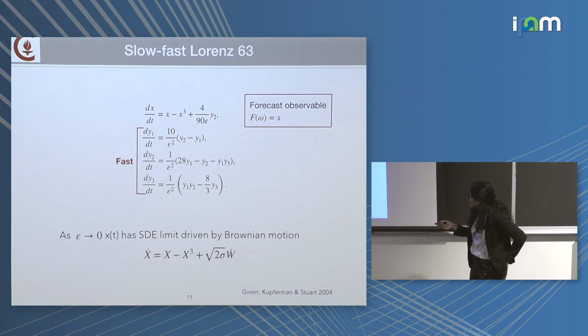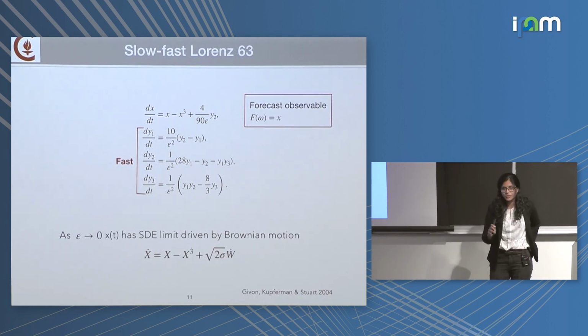And it's a result by Givon, Kupferman, and Stuart that as epsilon goes to 0, the slow dynamics x of t provably has an SDE limit driven by Brownian motion. So this is an example of homogenization in the dynamics. You see here that x is a potential flow forced by Brownian motion.